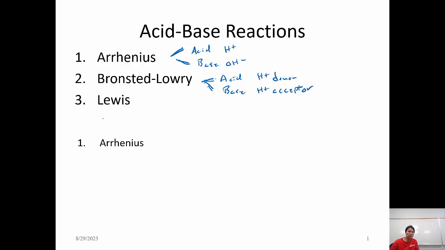But all we really need is the Lewis. The problem with Lewis is it's a lot harder to analyze things in terms of Lewis acidity and Lewis basicity. An acid is an electron pair acceptor.